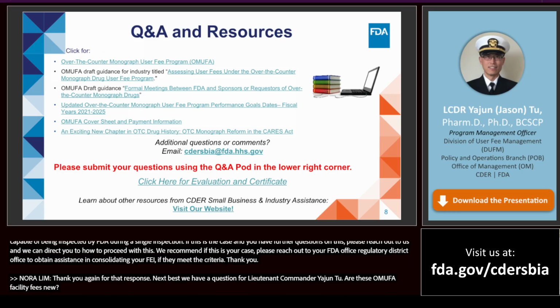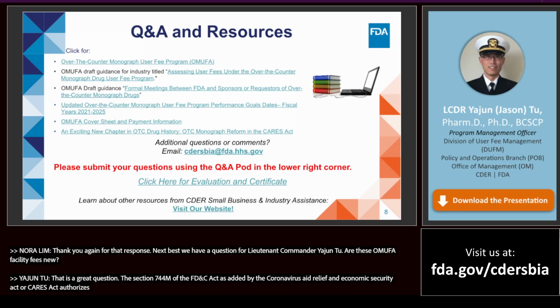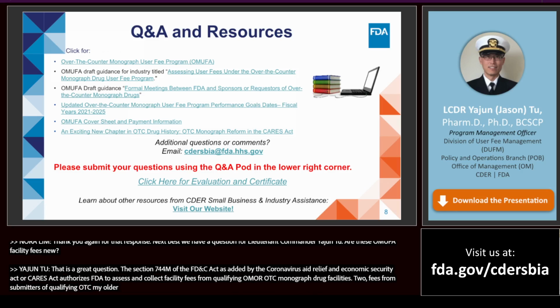Section 744M of the FD&C Act, as added by the Coronavirus Aid, Relief, and Economic Security Act, or CARES Act, authorizes FDA to assess and collect: 1, facility fees from qualifying owners of OTC monograph drug facilities, and 2, fees from submitters of qualifying OTC monograph order requests. FDA started assessing the OMUFA facility fee since fiscal year 2021. Thank you.